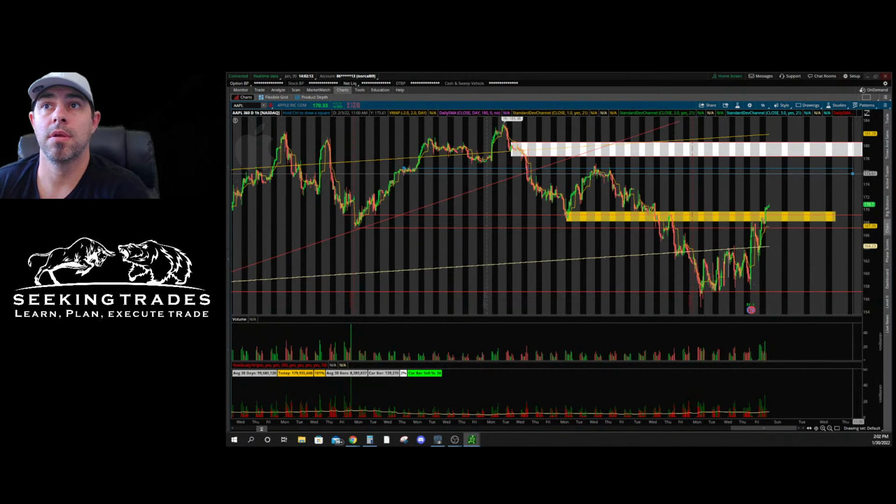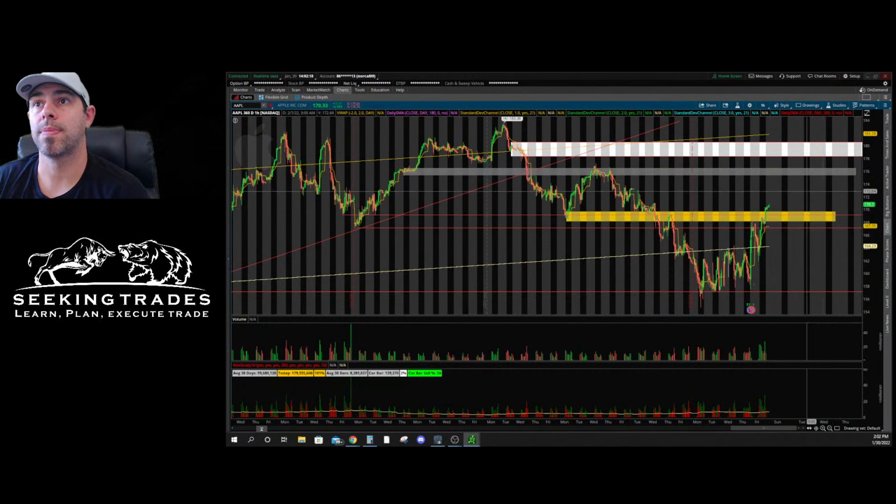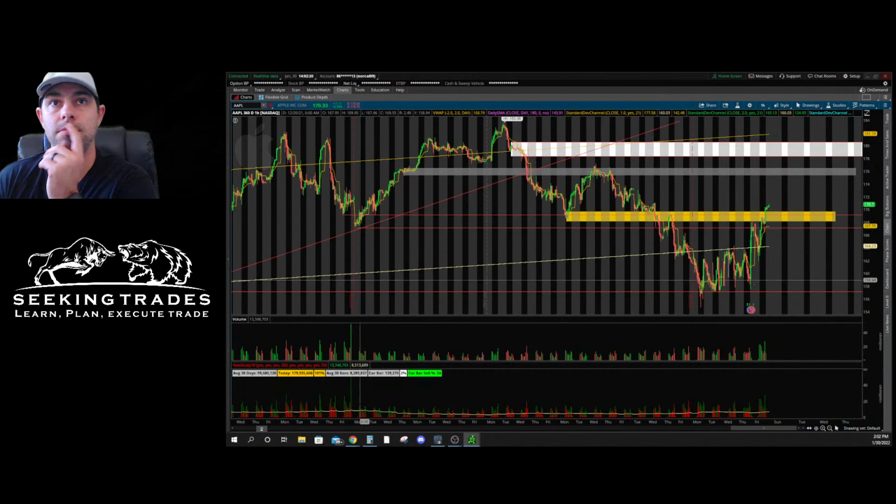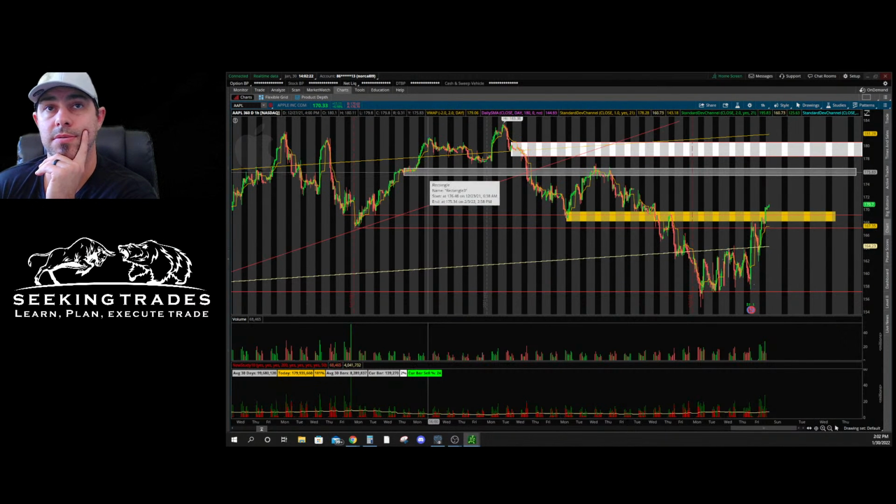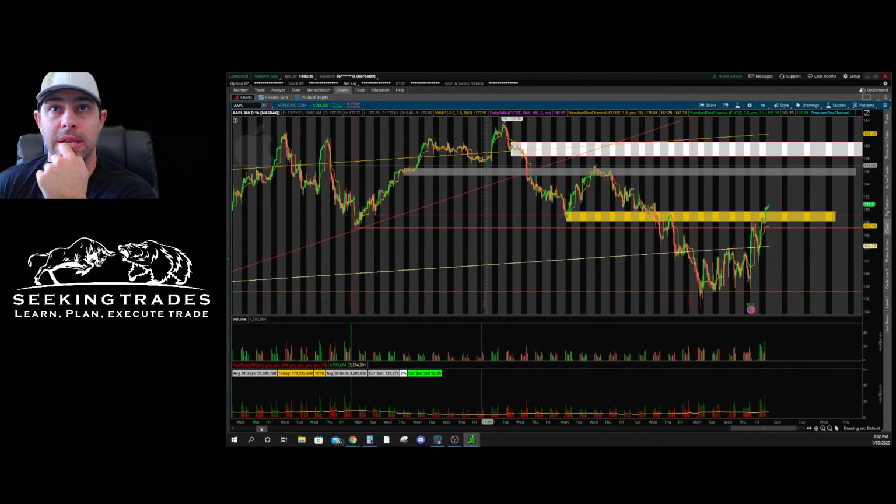Okay. So I can come all the way across here and draw that out. This was a demand zone. It rallied up. I was waiting for it to touch back down to get long, right? And it never made it down.